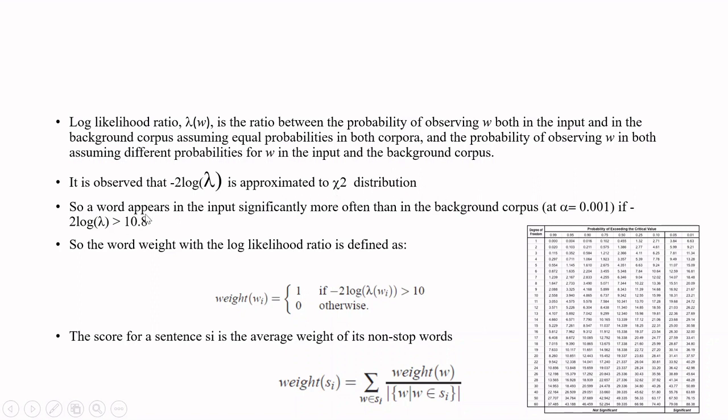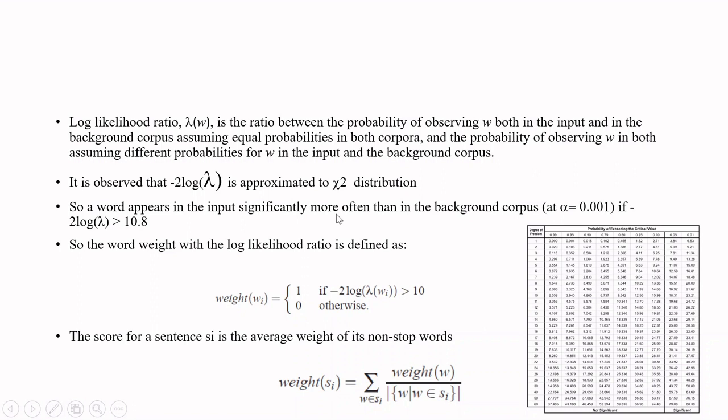So a word appears in the input significantly more often than in the background corpus if this -2 log lambda is greater than 10.8. This 10.8 is actually the chi-squared value which we get from the chi-square distribution table, calculated at a particular significance level and degrees of freedom and so on.